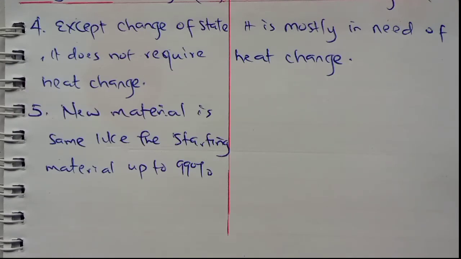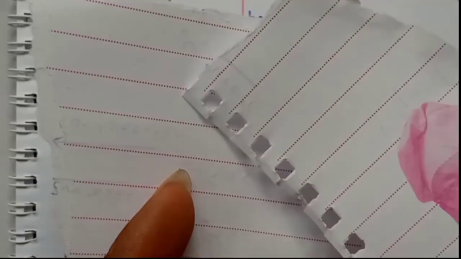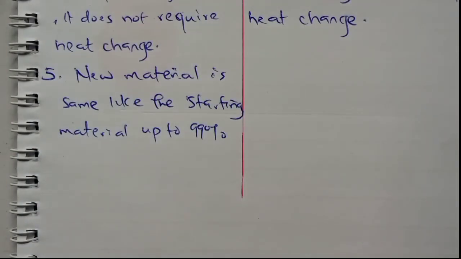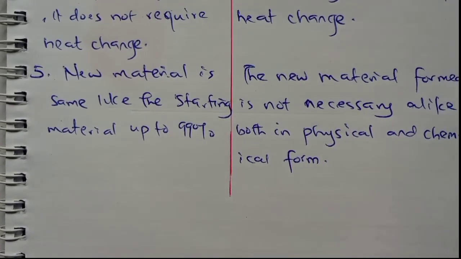For physical change, the new material formed is almost like the starting material up to 99%, because if you look at the torn book I have here, they look very much alike. But when we are dealing with chemical change, there is no relationship between the new material formed and the starting material.